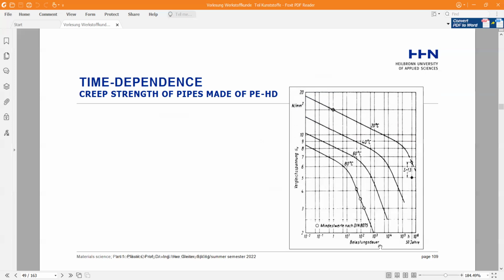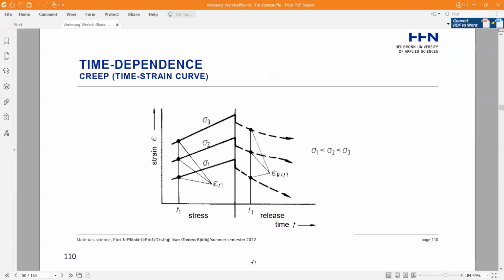So at least we have time in this span, in newtons per millimeter square. Time dependence, grip time strain cube.